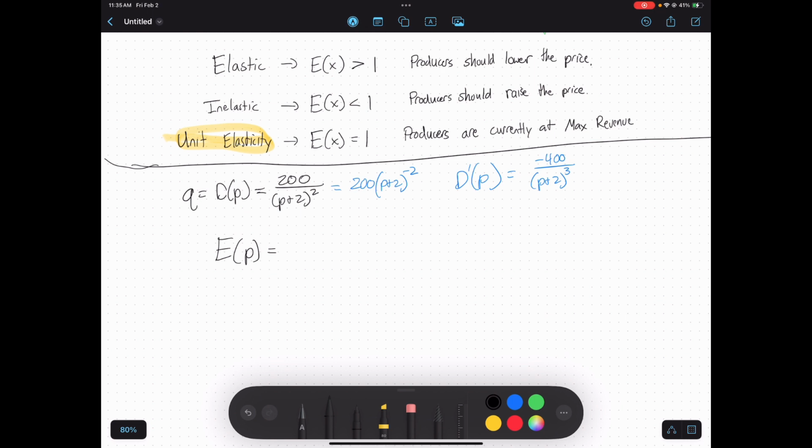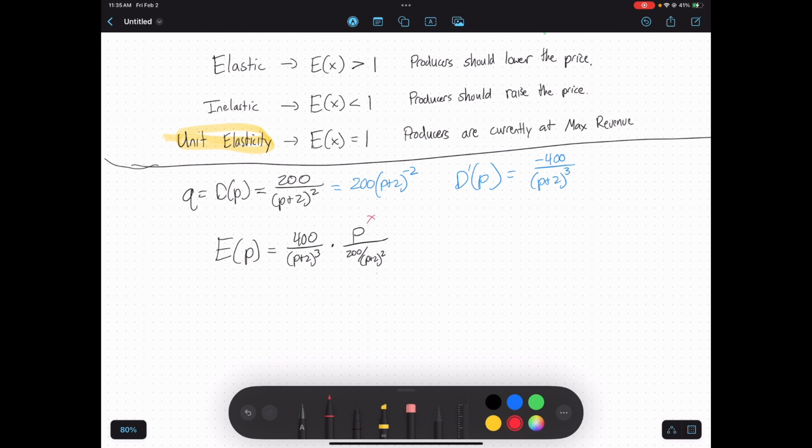And what am I left with? I'm left with 400 over P plus 2 cubed, times P, over 200 over P plus 2 squared. Right?